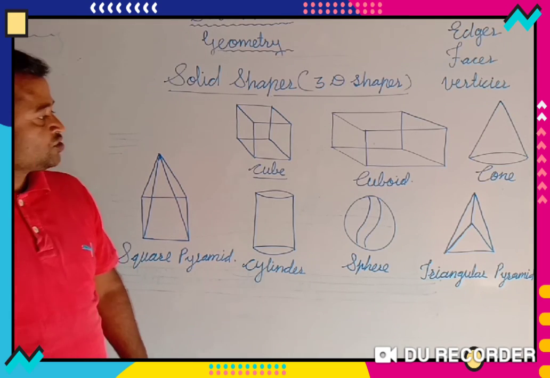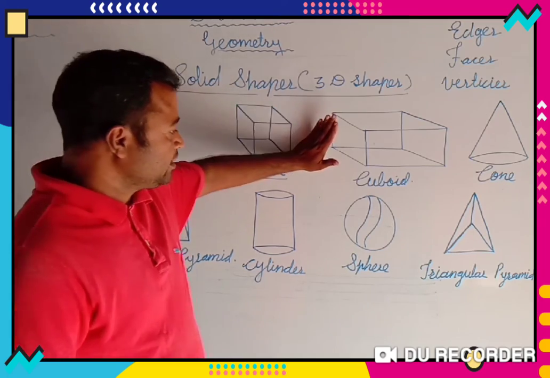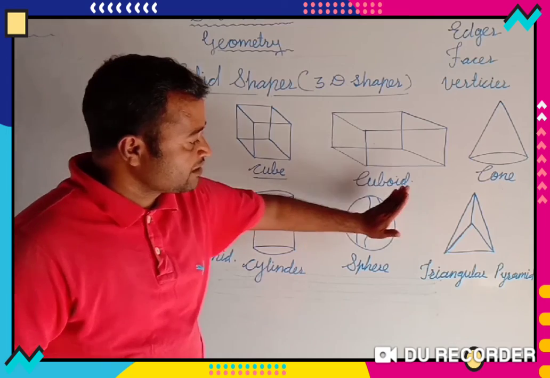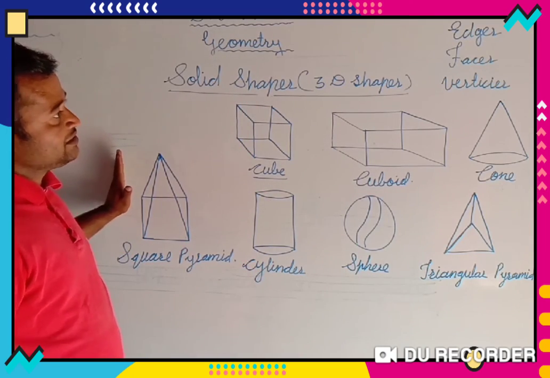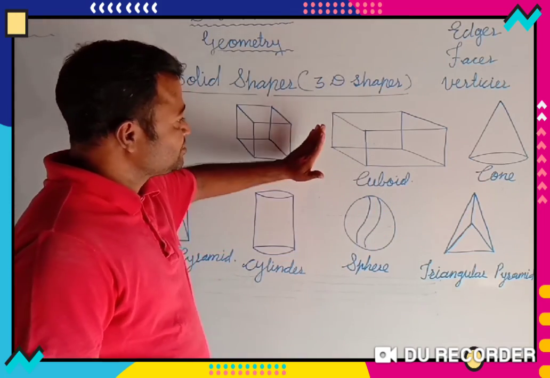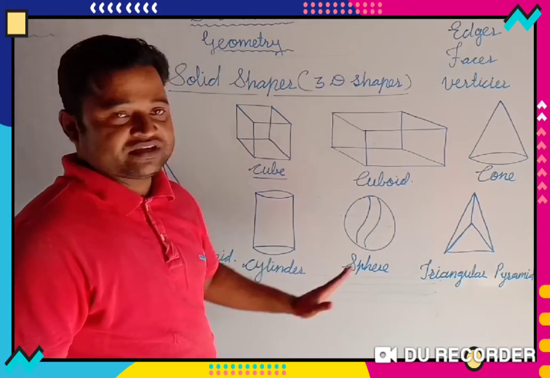Right? So these are the solid shapes: cube, cuboid, cone, cylinder, sphere, triangular pyramid and square pyramid. My dear, we are going to study how to count the edges, faces and vertices of all these solid figures.